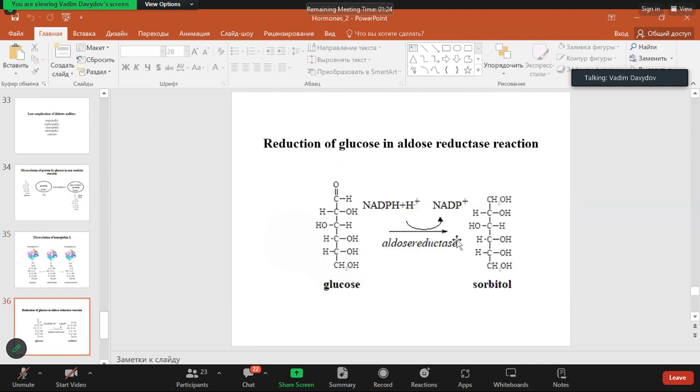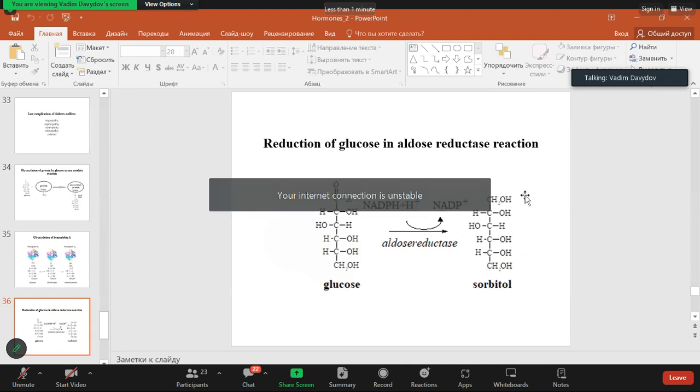Next, glucose, when its concentration inside the cell sharply increases, may be involved in unusual processes of utilization. For example, when the concentration of glucose in the cytoplasm of a patient with diabetes mellitus is high, the enzyme aldose reductase reduces the carbonyl group of glucose, and glucose is transformed into the alcohol sorbitol.